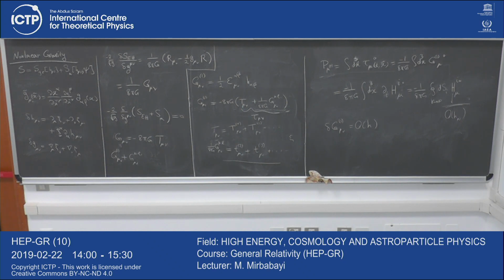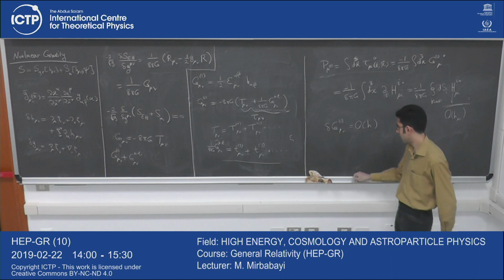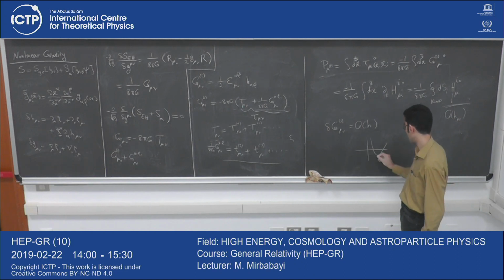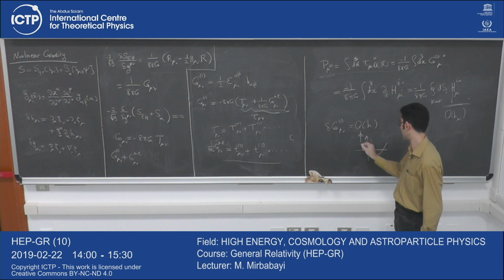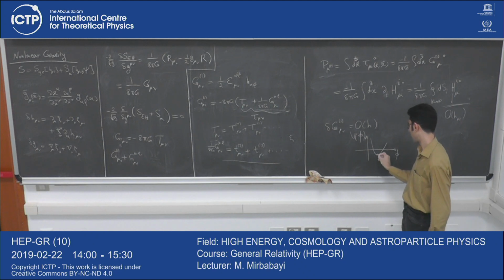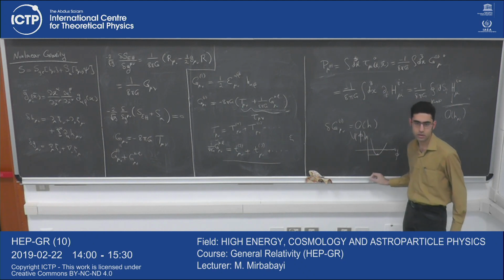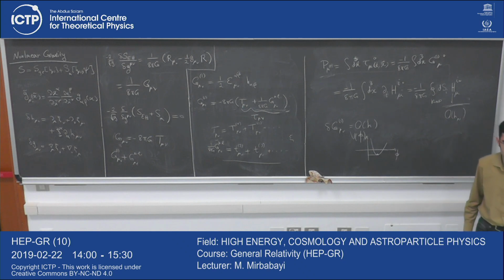But it's not really so. In fact, I can give you an example in which it's not the case, and it's perfectly fine. Just take a scalar field with a potential V of phi. If the bottom of the potential is negative, then T00 becomes negative.